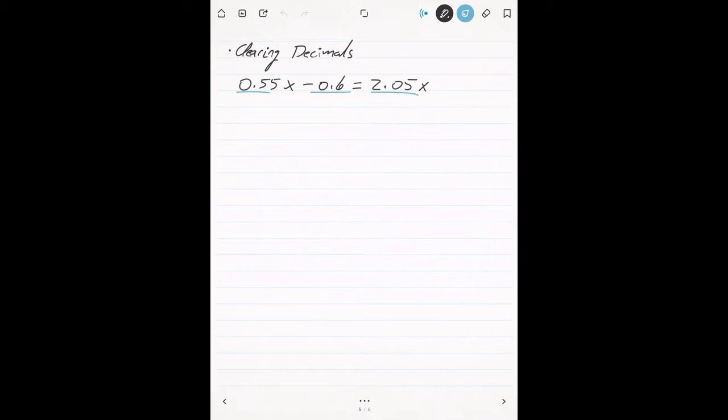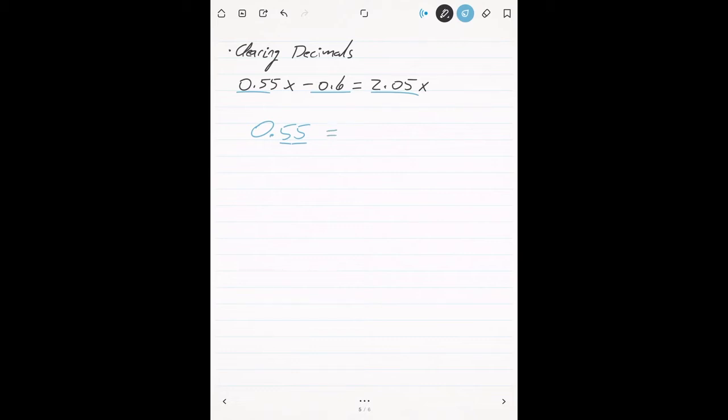These decimals here, 0.55, 0.6, 2.05, they're fractions. These numbers are rational numbers. Here, I'll show you. 0.55 is 55 hundredths. Remember, you have the tenths place and the hundredths place.